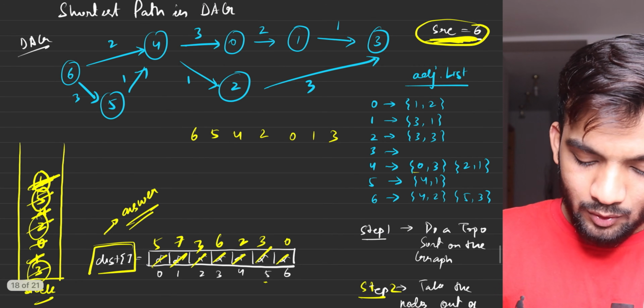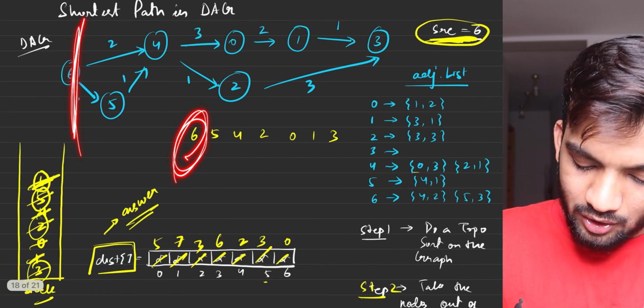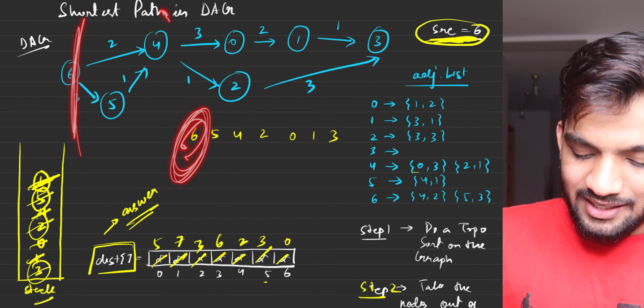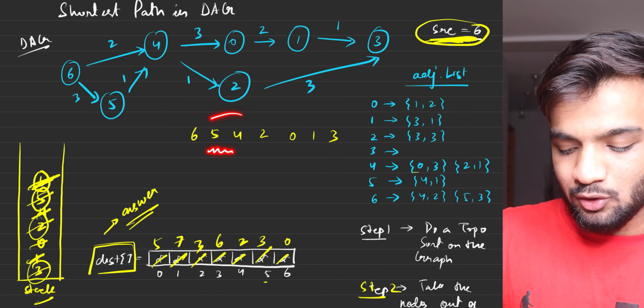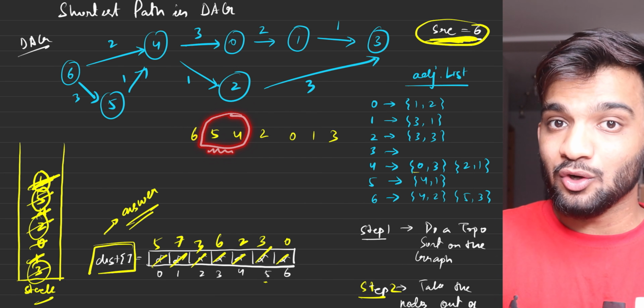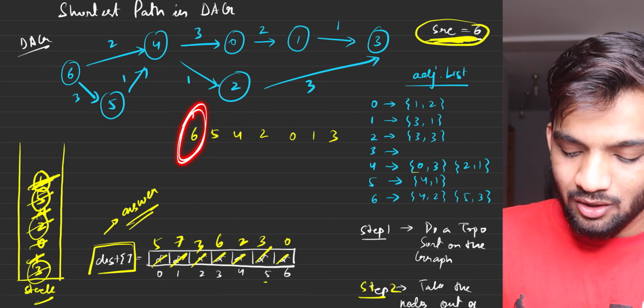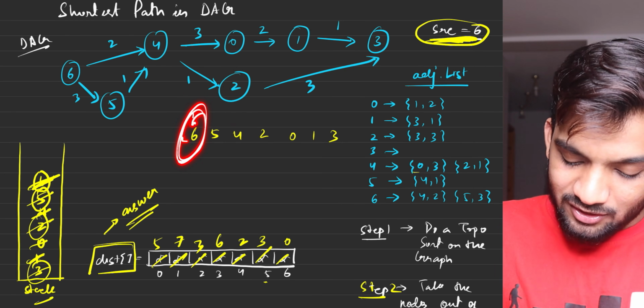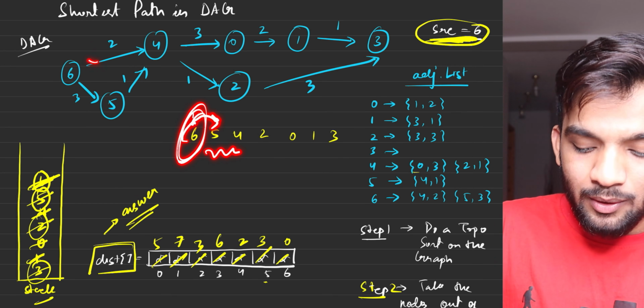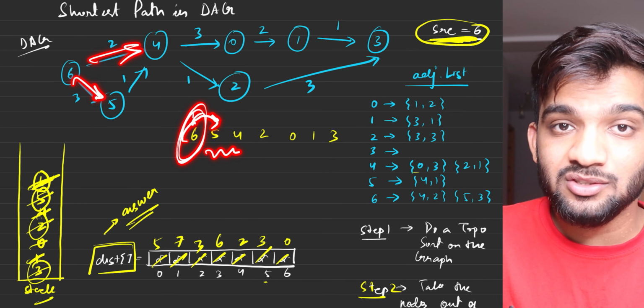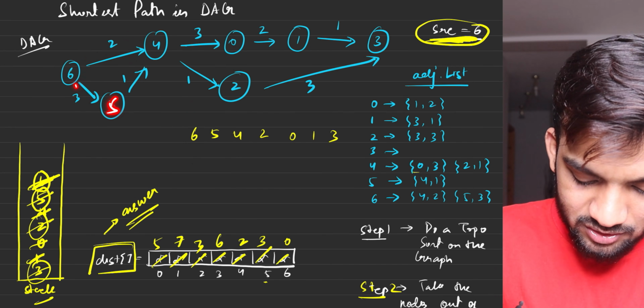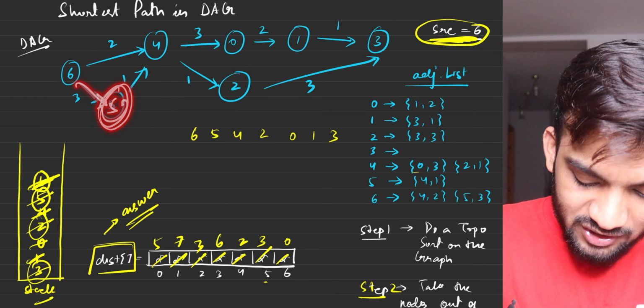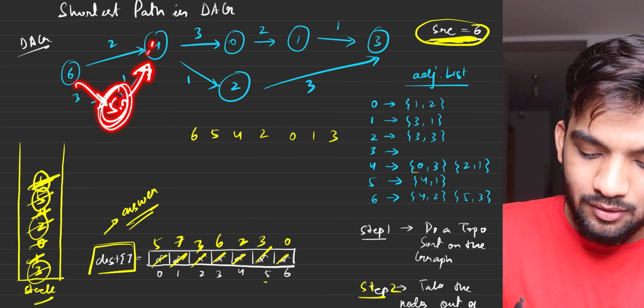Once I started from 6, I could go to the next guys, and that will always be in my topo sort only. Because topo sort starts with the first guy who has no one into it, and then takes to the next guys he was pointing to. So it takes it to 5, and 5 says, I'll take you to 4.